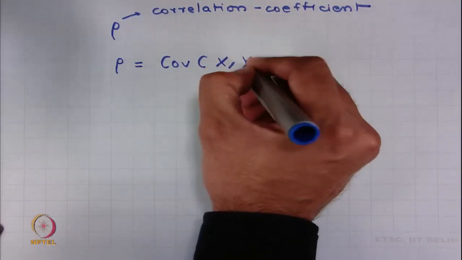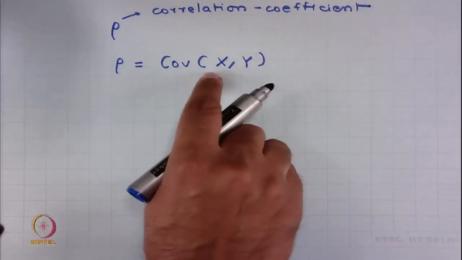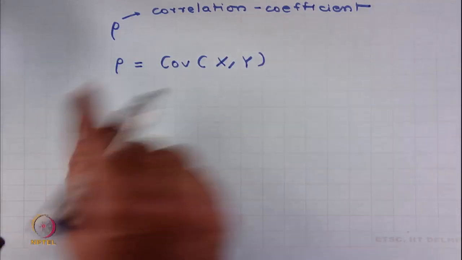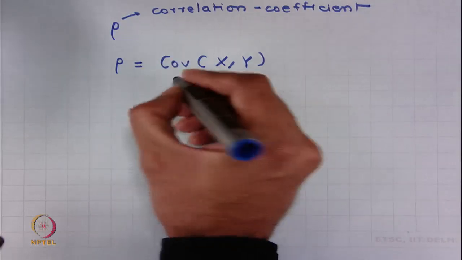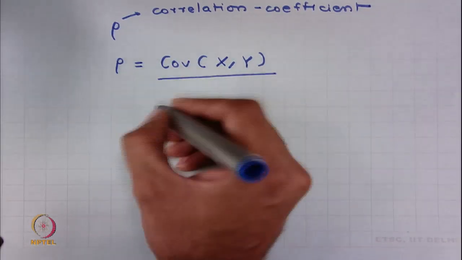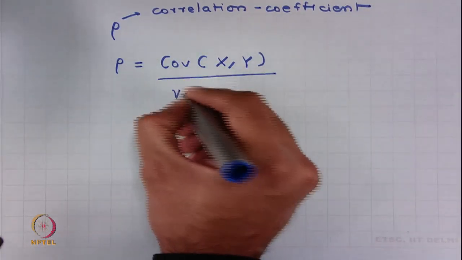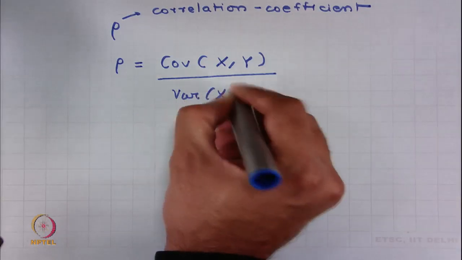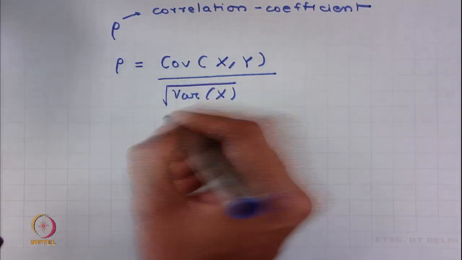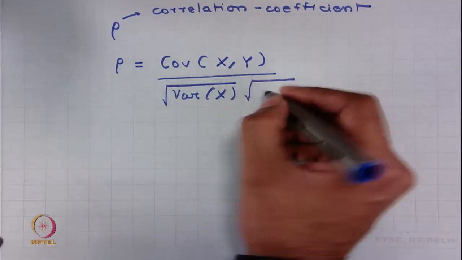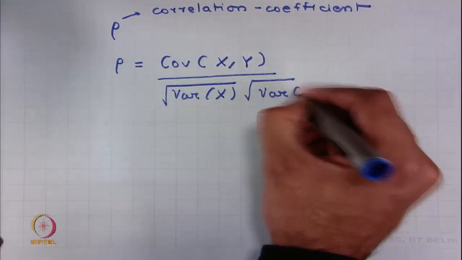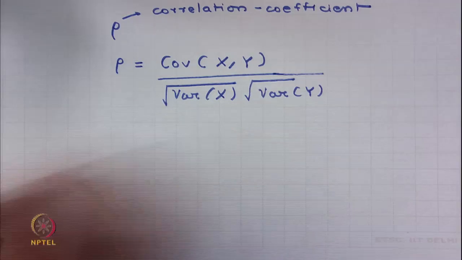I am defining the correlation coefficient for two random variables x and y. So, you have to first take the covariance of x and y, and then you have to divide this by the square root of variance of x and the square root of variance of y.